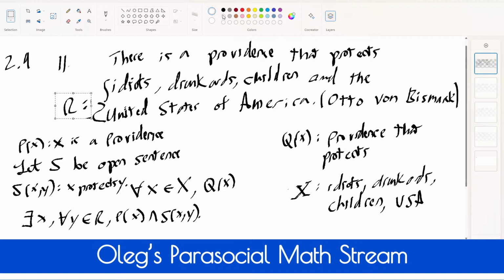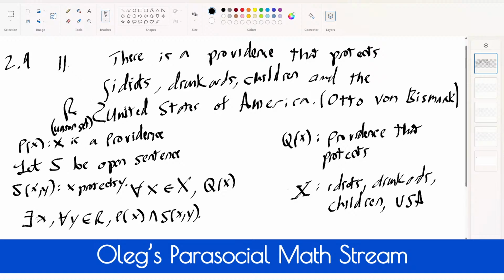Okay. So R is the union set and it contains all those things.